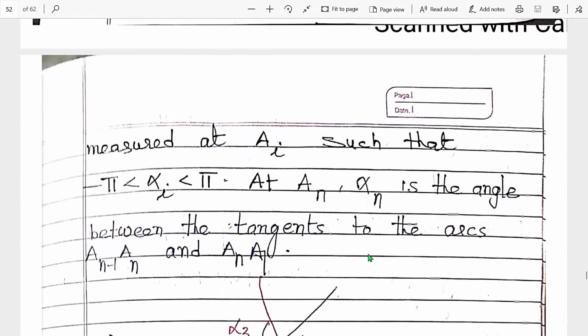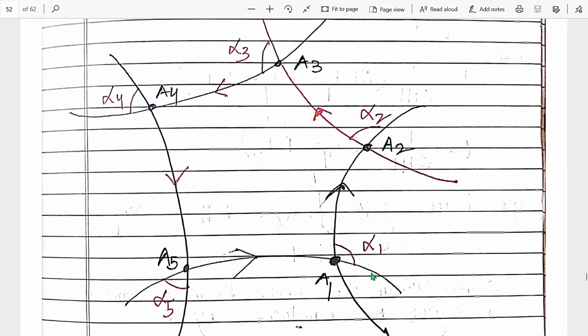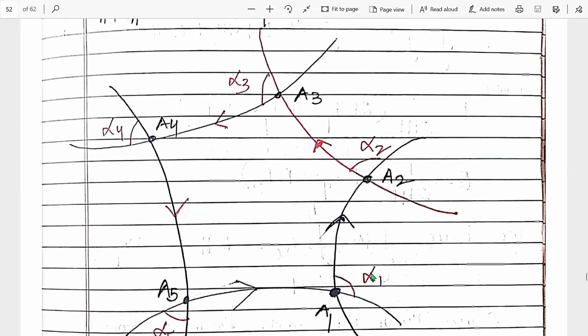The closed boundary curve of a connected region R is divided into arcs A1, A2, then A2, A3, A3, A4, and A4, A5, and so on. Here we take An minus 1, An, but for the geometric representation we take up to A5.